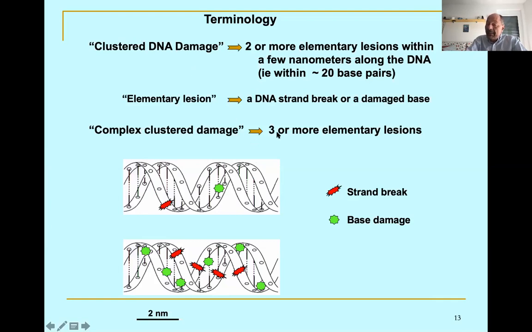If you have 3 or more elementary lesions, you call it complex clustered damage. So essentially, you increase the complexity of the damage. The idea behind the English school is that when you increase the complexity of the damage, the repair will be more and more difficult.